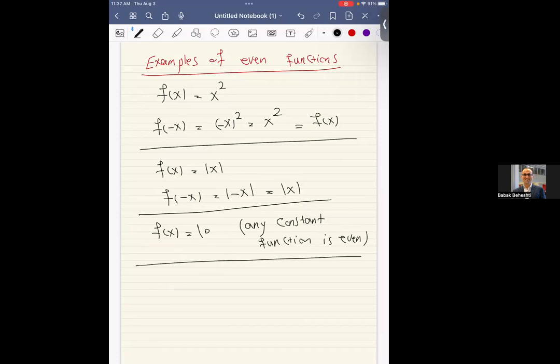Because when the function is constant, then f of x is 10 for any x, including f of minus x, right? So f of x equal to x to the power 4 is even because f of minus x is equal to minus x to the power 4, which is the same as x to the power 4.